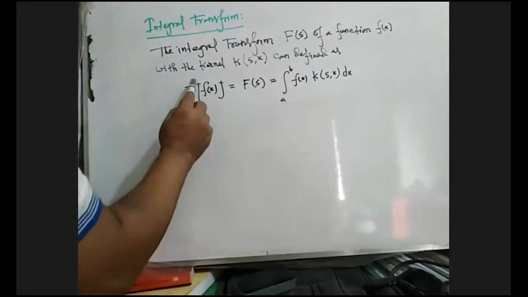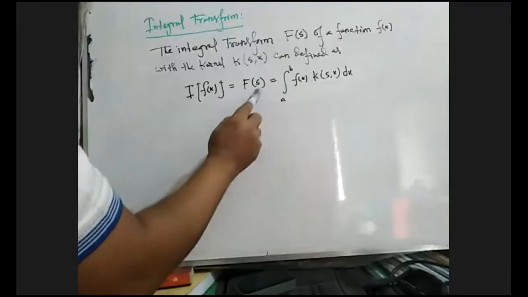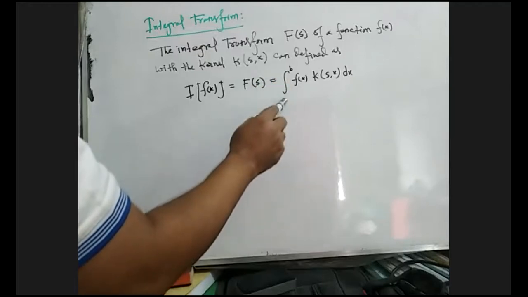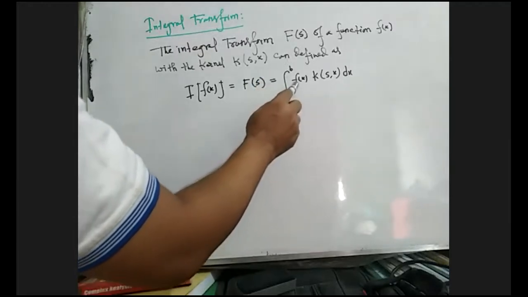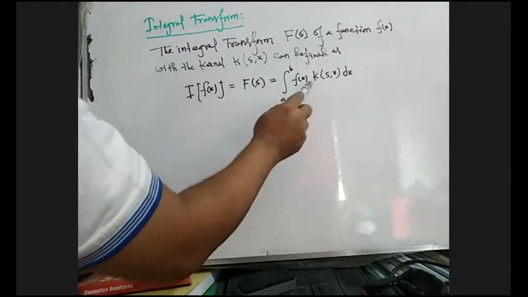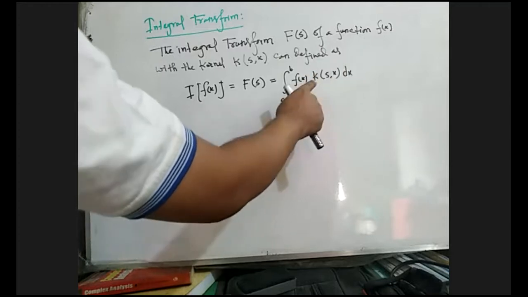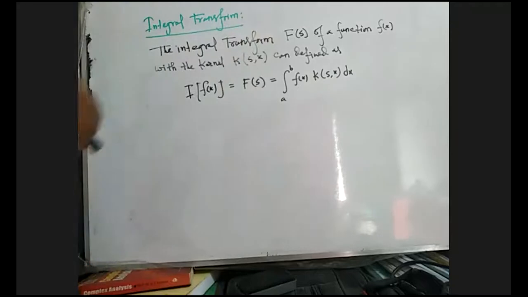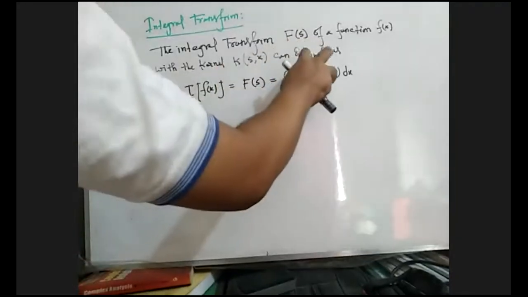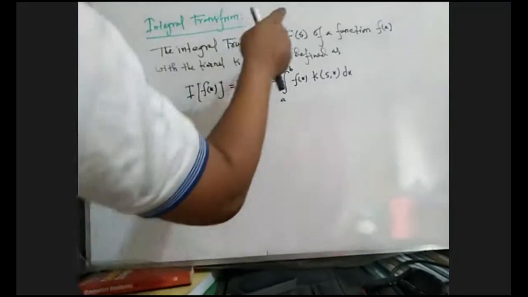The integral transform of this function is F of s, and this can be written as a definite integral from a to b of f of x, the original function, times the kernel K of s, x. The kernel consists of the parameter and x combined. So this definite integral is actually called the integral transform F of s of a function f of x.